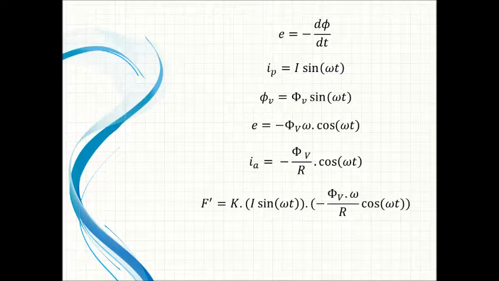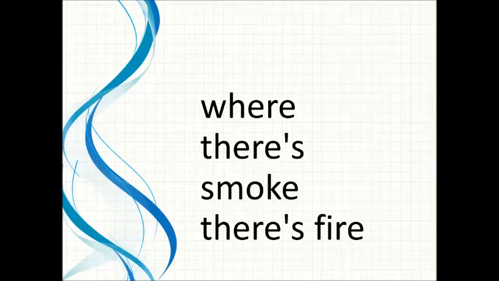The current circulating in the ring can be represented as I sub A equal to minus phi sub v divided per R times cosine omega t, where R is the ohmic resistance of the ring. The forces acting between two currents are proportional to their product.